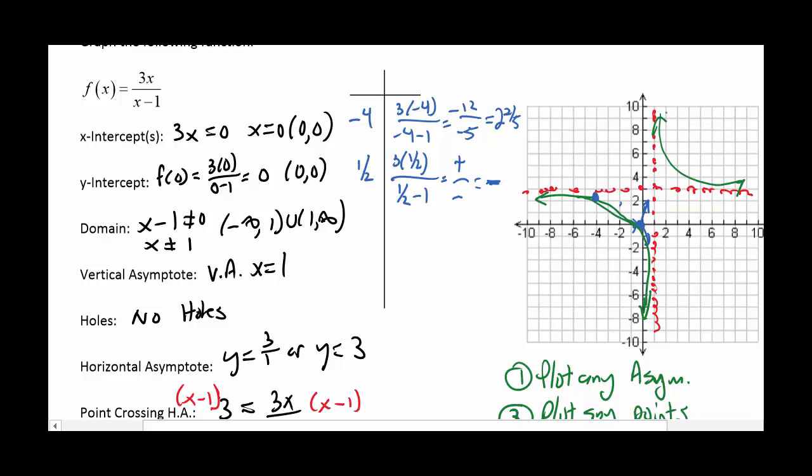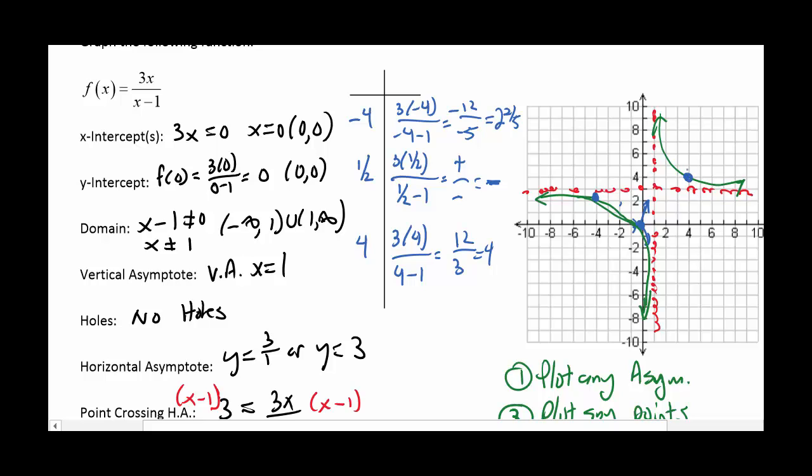I'll pick one spot to test a point. Let's try 4 again. That seems to be an easy one to work with. So 3 times 4 over 4 minus 1. I get 12 over 3, which is 4. So at 4, wow, I'm dead on there.